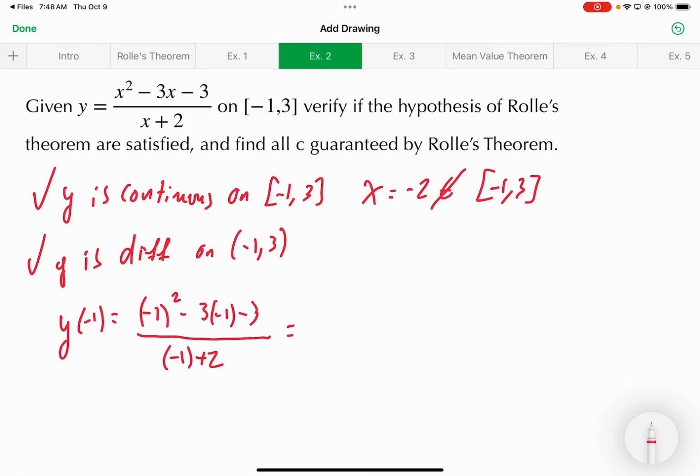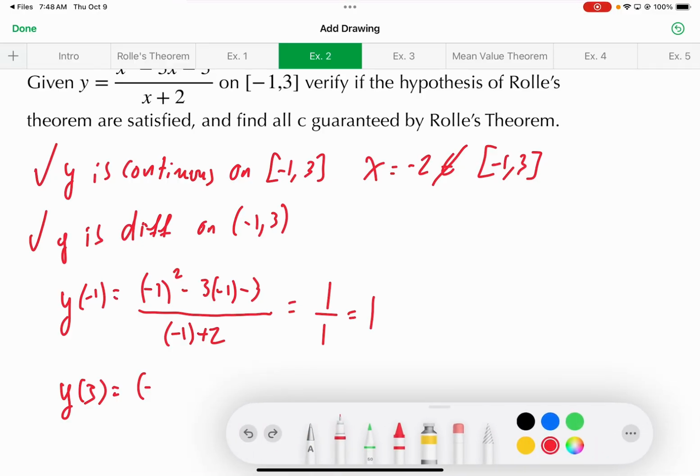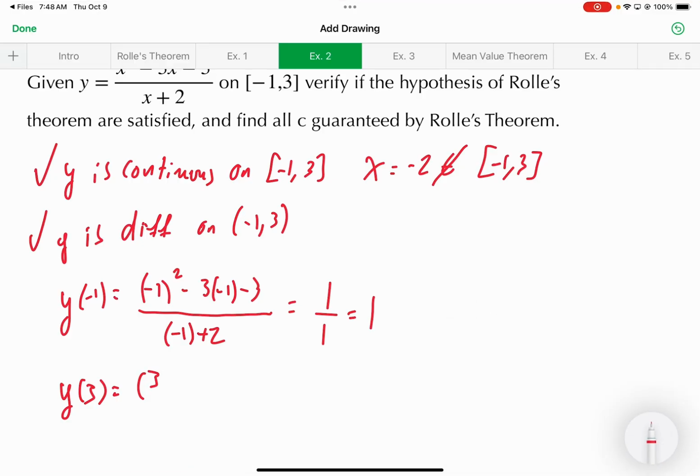So up top I would have 1, and then minus 3 times -1, which would be 4, minus 3 gives me 1, over -1 plus 2, which is 1, so that's going to give me 1. All right, so that's not 0, but here's something I do want to check. Let's check to see what 3 is going to be. So if I plug in 3, not -3, 3 squared minus 3 times 3 minus 3.